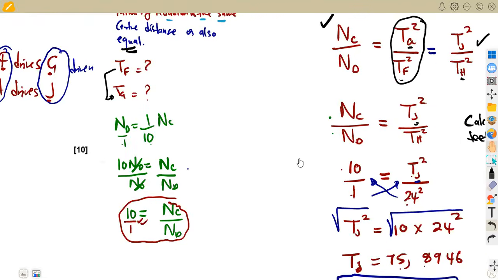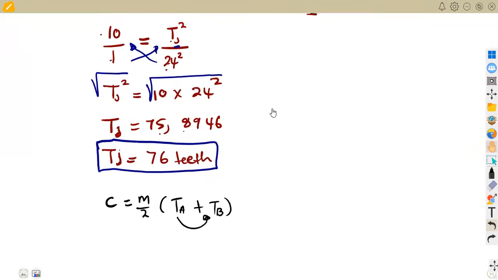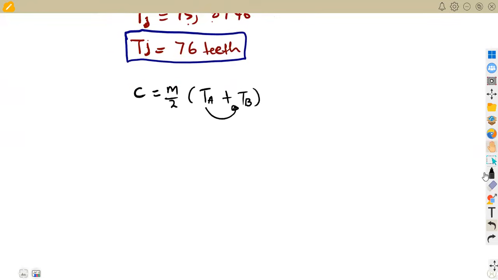You're going to consider these two points. For F and G, we are going to have M over 2 into, instead of TA plus TB, TF plus TG.